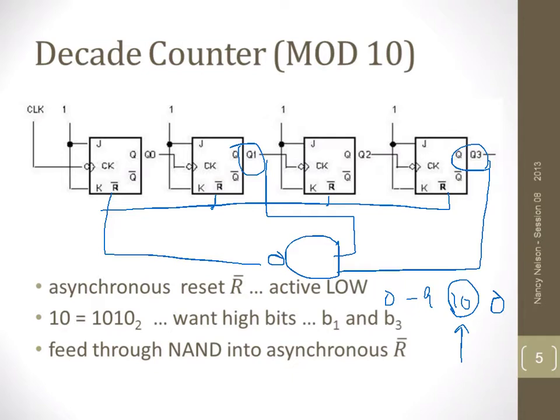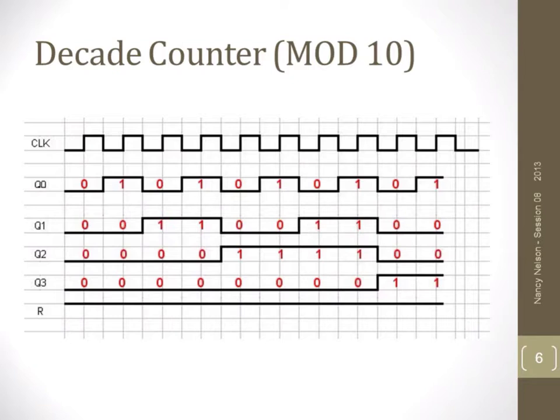So let's take a look at the waveforms now. Here we can see what the waveforms are going to look like for a decade counter. Not quite complete, we're going to finish that off, but the beginning part is here. We can see the clock pulse, which feeds into the first flip-flop, the one that's going to generate Q0. You can see Q0 counts 0, 1, 0, 1, continuously cycling. Its frequency is half that of the previous.